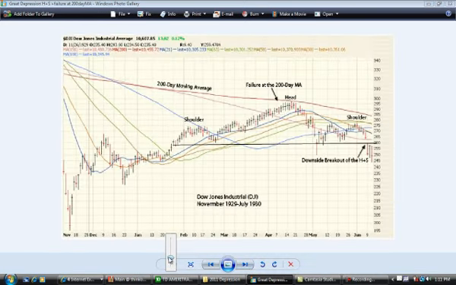Now, if we compare the same thing to the Great Depression, this is actually 1929. Again, you have a head and shoulders pattern. You have the neckline down here. Just like in our market and the 1975 market, you have the 200-day moving average, which is the red line. And you have resistance.